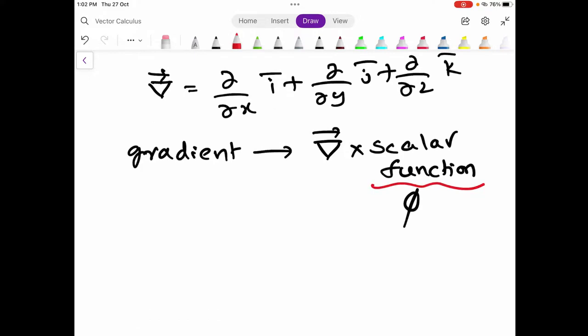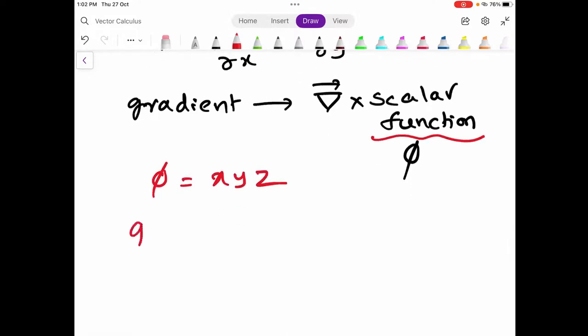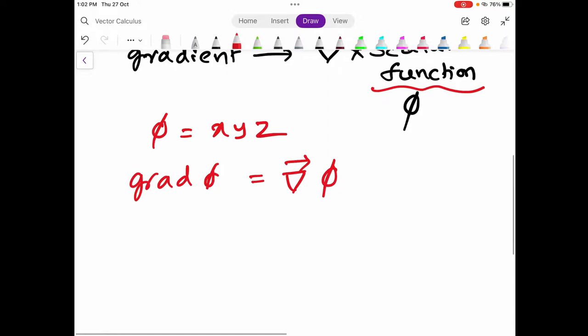Suppose phi is equal to xyz, and I want to find the gradient of phi. What I will do is multiply del with phi.